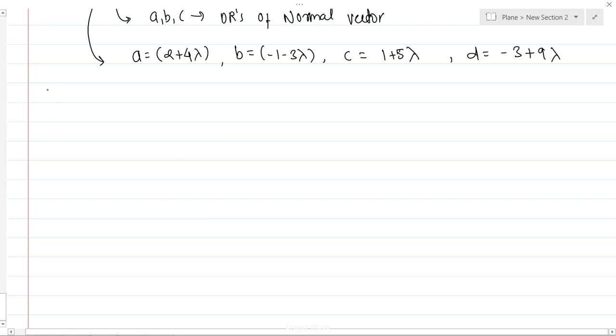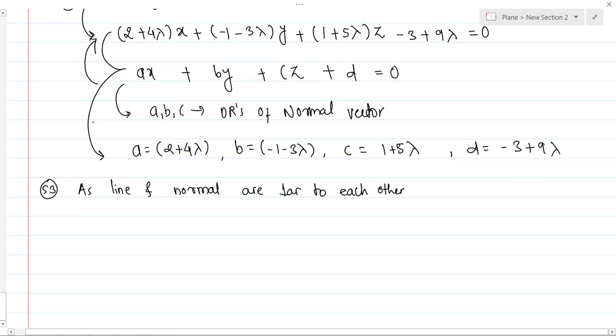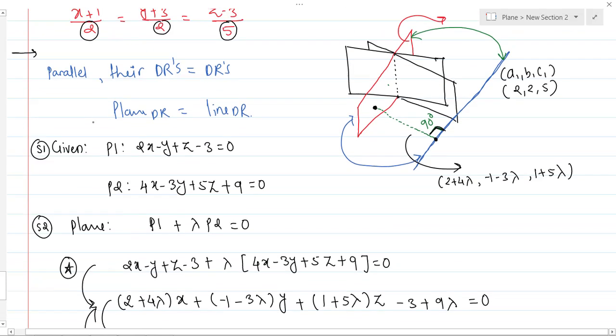As the line and the normal are perpendicular to each other, what you can write is 2 plus 4 lambda into a1, b1 and c1.